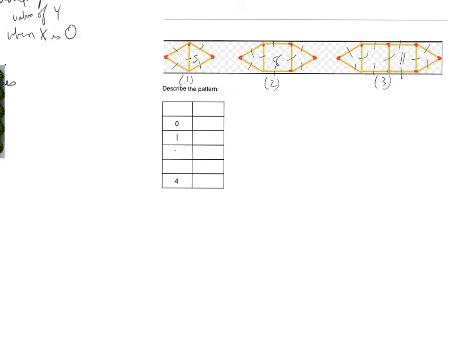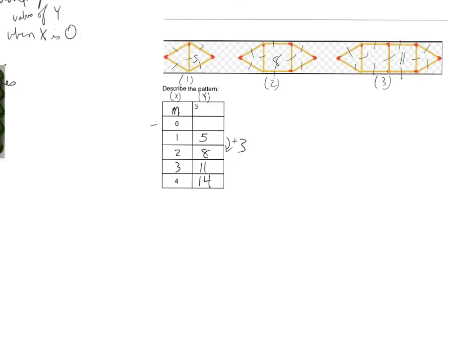So for figure 1, 2, and 3 goes in my left column, which is our variable. We're going to use m this time, so that's our x side, and our y side, again, we'll put our expression in here once we get it. So in figure 1, we have 5, figure 2, we have 8, figure 3, we have 11. So in figure 4, if we had a figure 4, we would want to increase by 3, so then we would have 14.